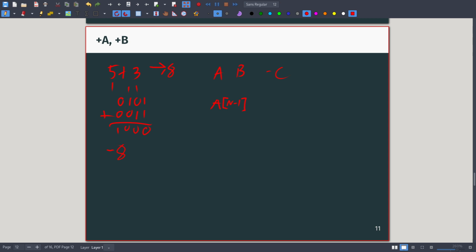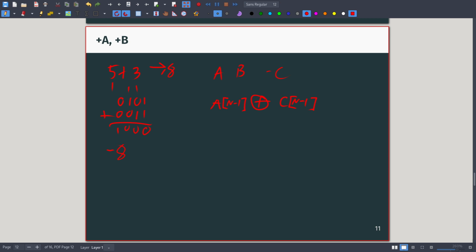But you can just say the sign of A, and if it differs, which you can check with an XOR, from the sign of C. So if the sign of the inputs, in this case they're both the same, both positive, so this is all just a 0 here. Forgive me for that for a second.